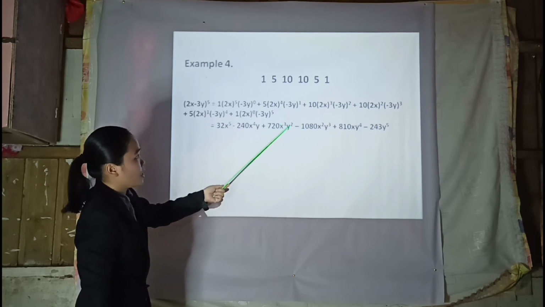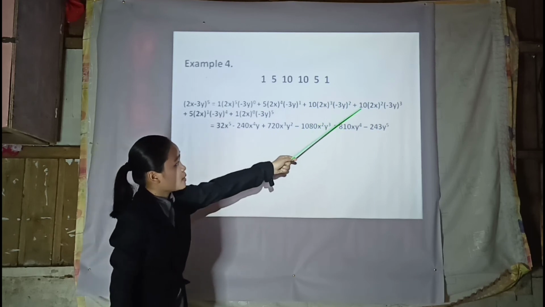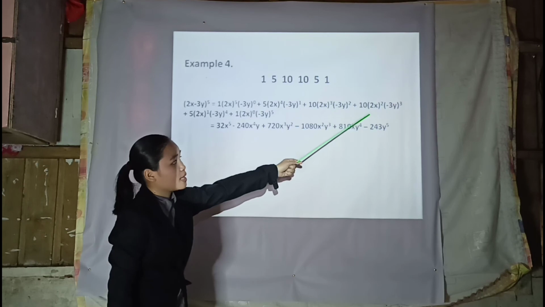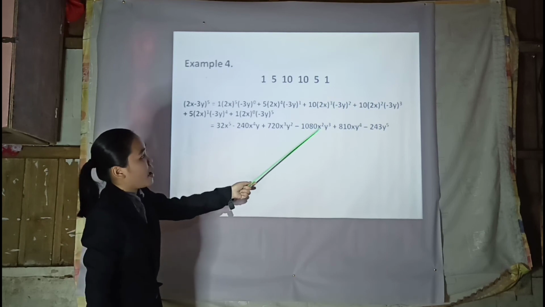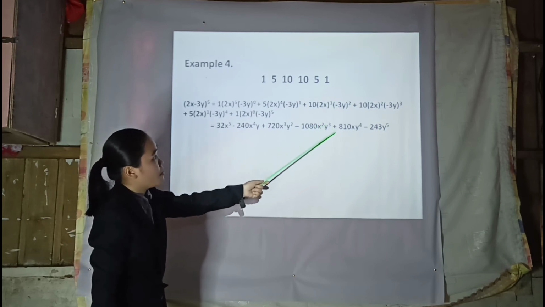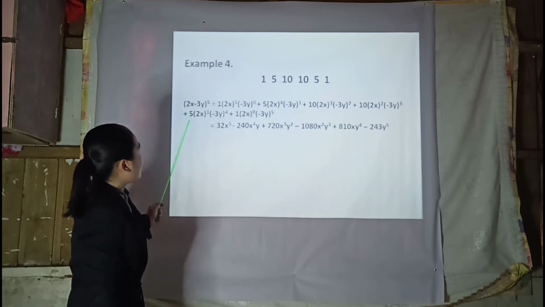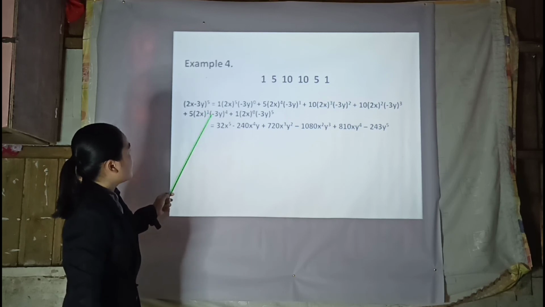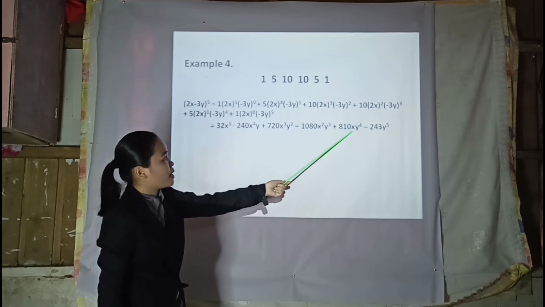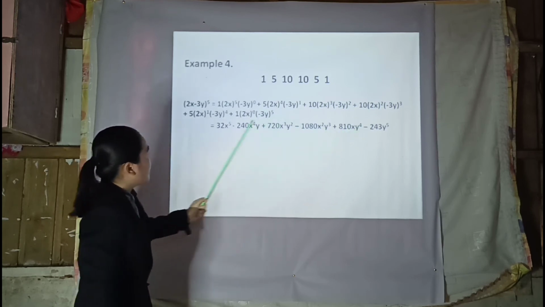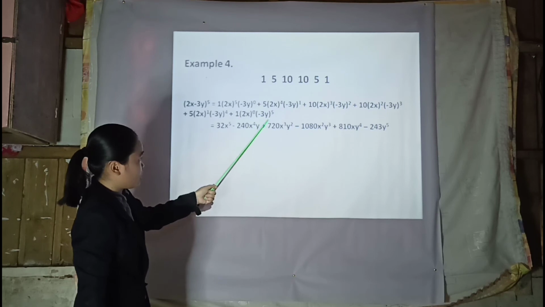720x cubed y squared, minus 1080x squared y cubed, because 10 times 2x squared times negative 3y cubed is equal to negative 1080x squared y cubed, plus 810xy raised to 4, because 5 times 2x raised to 1 times negative 3y raised to 4 is equal to 810xy raised to 4, minus the product of 1 times 2x raised to 0 times negative 3y raised to 5.